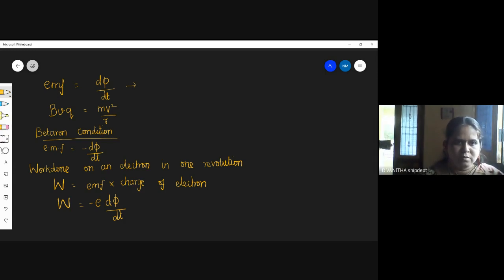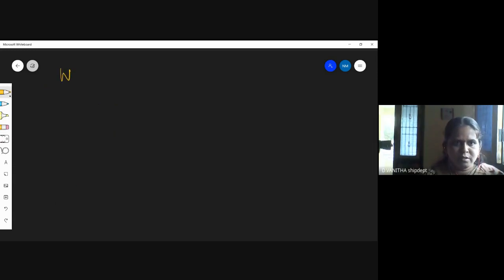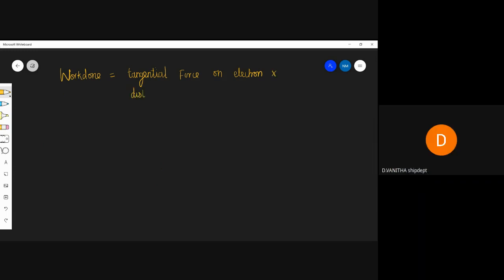Then we have to go for the next one, that is work done is equal to the tangential force on the electron into the distance traveled in one revolution.